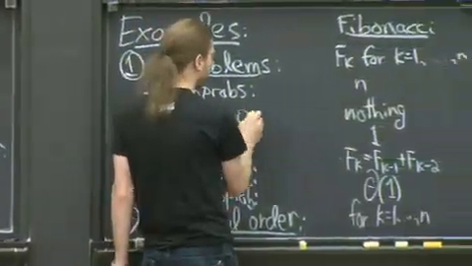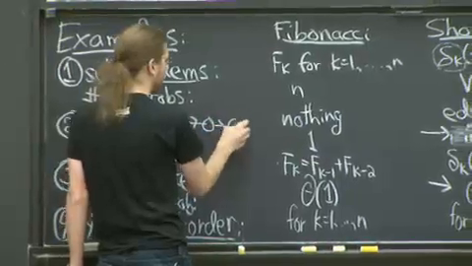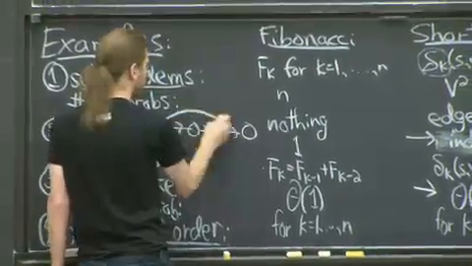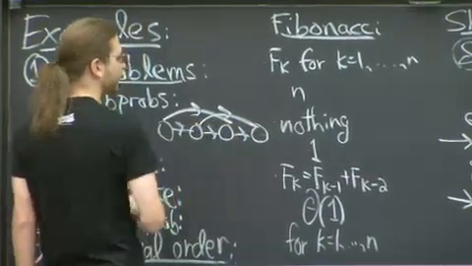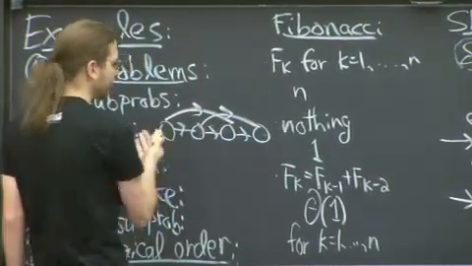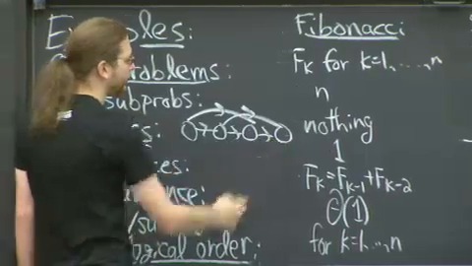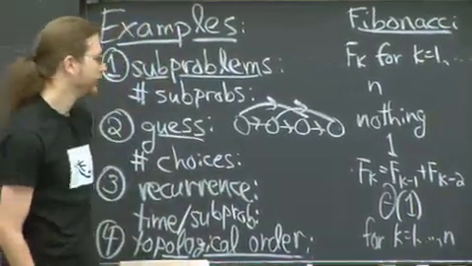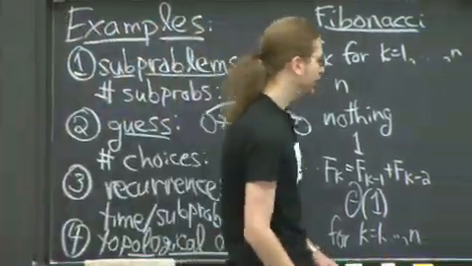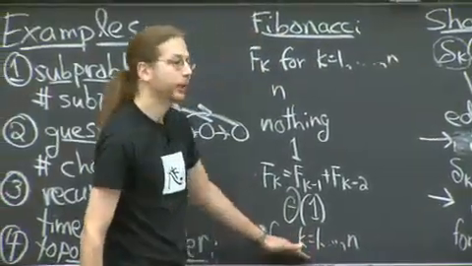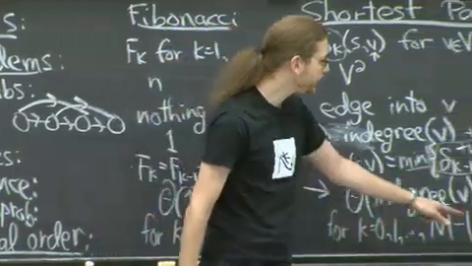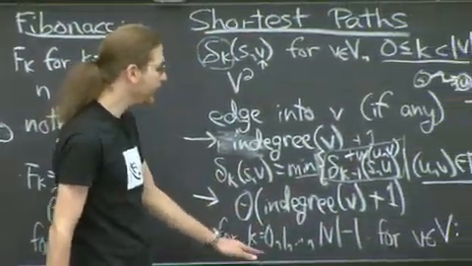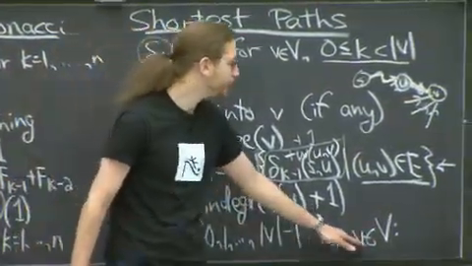And for Fibonacci, it was like this. Every node depends on the previous and the second previous. But you just choose the topological order, which is here left to right. And you're golden. And these are actually the for loops you get in the bottom-up DP. For shortest paths, you have to think a little bit. You have to do the for loop over k on the outside, and the for loop over v on the inside.